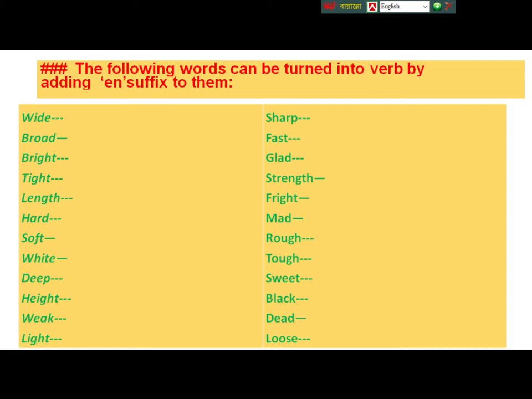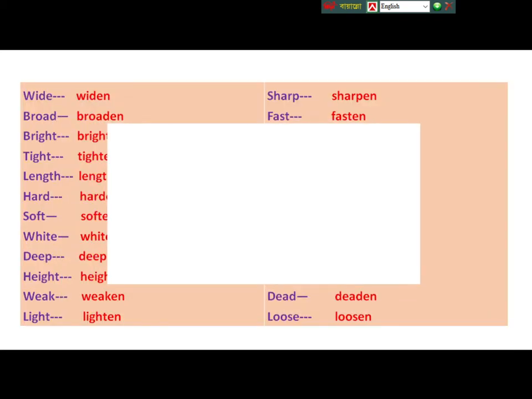Just have a look at the words. Now move on to the answers of the words.